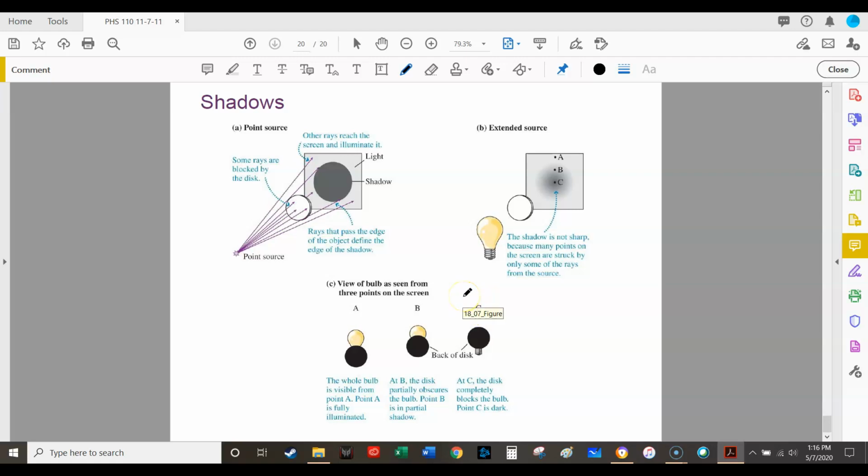So shadows are a consequence of light. And not only that, the cool thing is, if you had a water bottle and a light source right up here, like the sun, the edges of the water bottle are going to make little shadows, but this isn't going to be a perfect shadow coming off it, right?